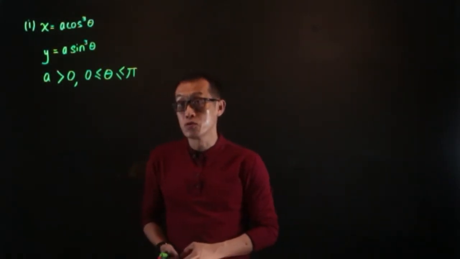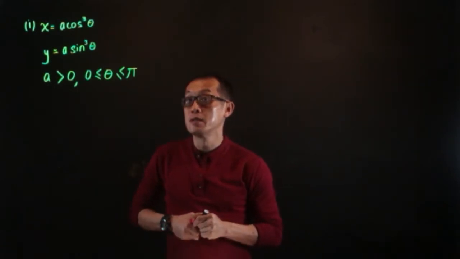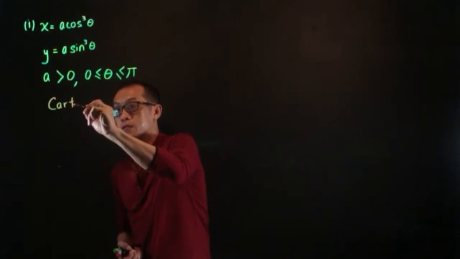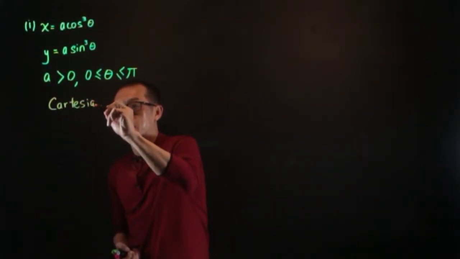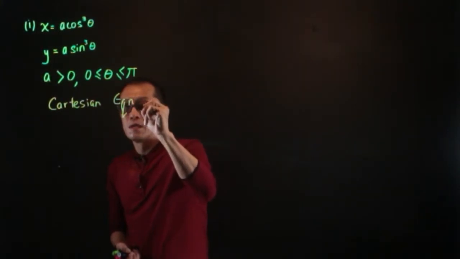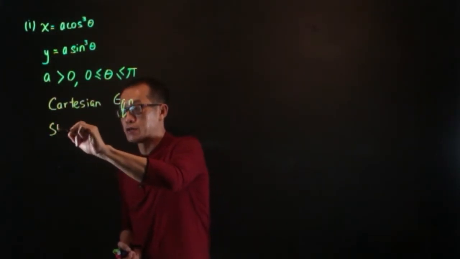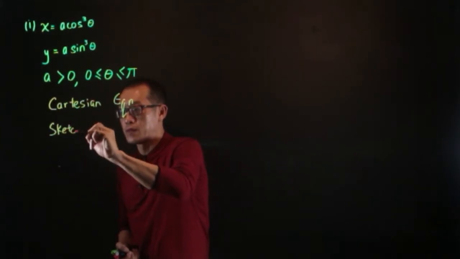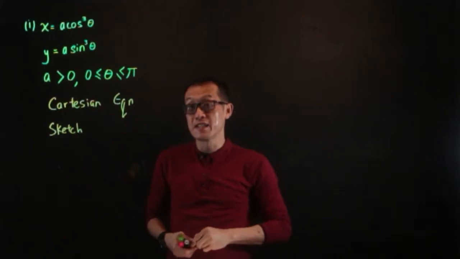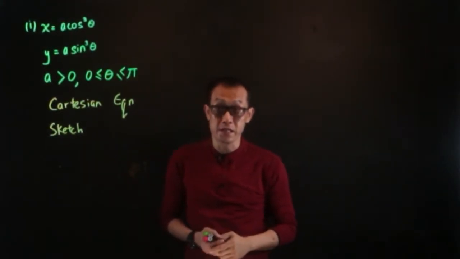Now you are asked to express this in the form of a Cartesian equation, and also to sketch the graph. In fact, they ask you to sketch the graph first and then express it in Cartesian equation.